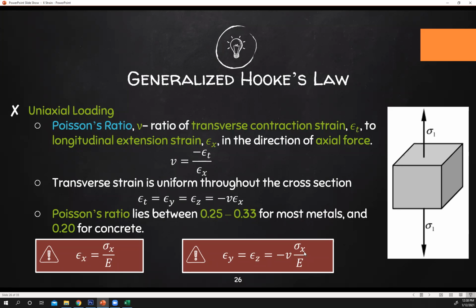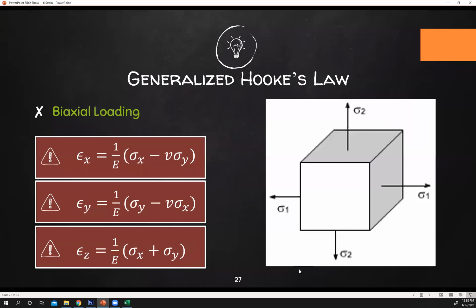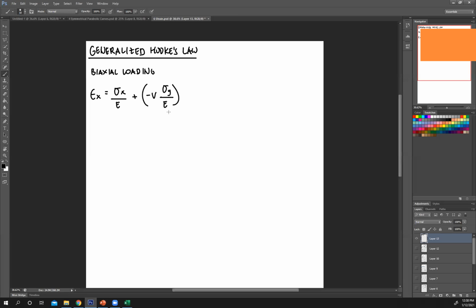Therefore, changing that, since the second strain is due to a loading in Y, this becomes strain in X equals negative V stress in Y over E. So again, negative V stress in Y over E. Okay, again, strain due to force along the x-axis.